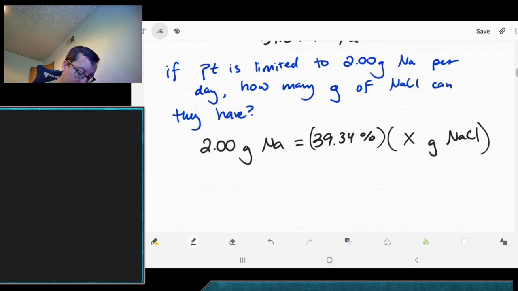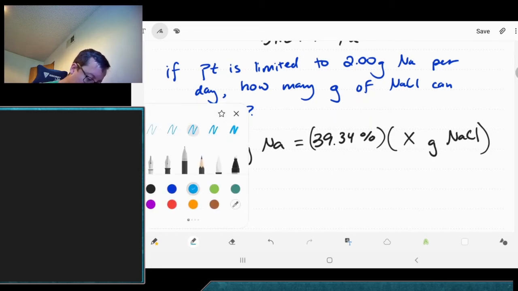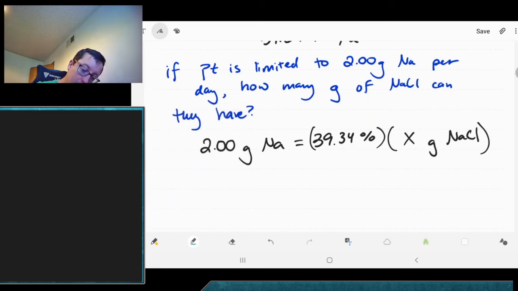Remember that percents are really decimals. It's mathematically better, if we're going to actually work with this number, to keep it in decimal form. So we get 2 grams divided by 0.3934, with no unit.